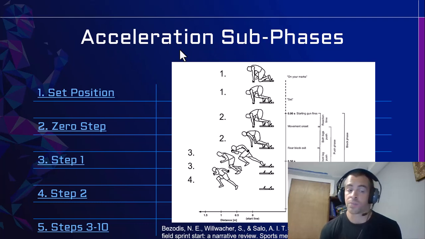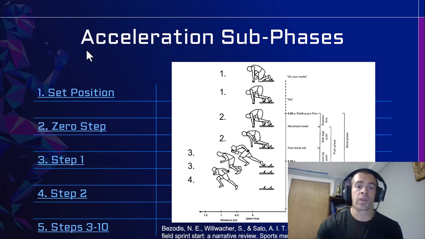In my opinion, steps 3 through 10 are a little bit more simplistic and very different than, for instance, step 1. So if we understand all of the things that go into each of these acceleration subphases, we're going to be a much better practitioner. Now, beyond this, this is where it really starts to get complicated.